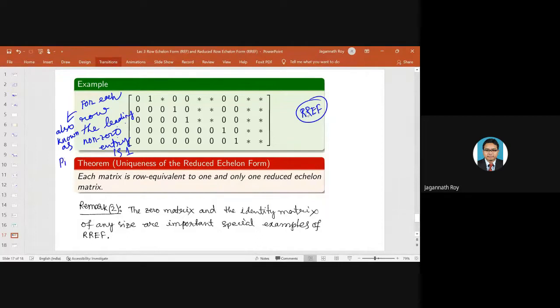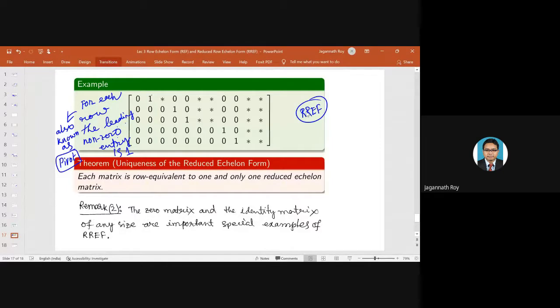This leading entry will be 1. First non-zero leading entry will be 1, and except 1, all others are 0.